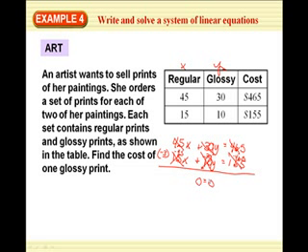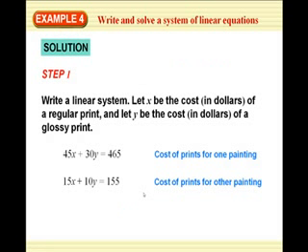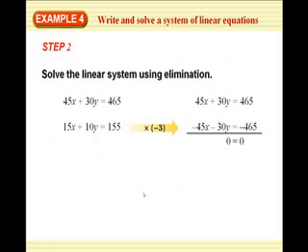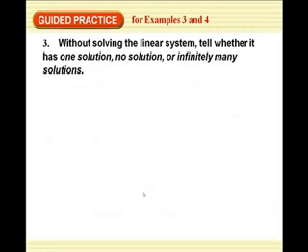Well, so it's many. There's many solutions to this, so there's not enough information. We can't answer this question. And again, it's exactly what we did, multiply through by -3. So we need more information.